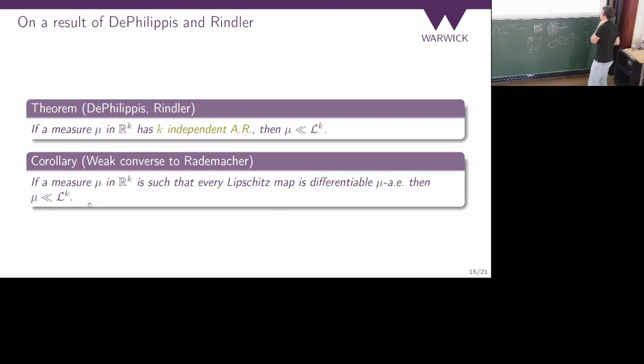So differentiability of Lipschitz maps characterizes those measures which are absolutely continuous. This is called a weak converse because a strong converse would be: if you have a null set, you can construct a map which is non-differentiable everywhere in that set, and that's a much more difficult problem.